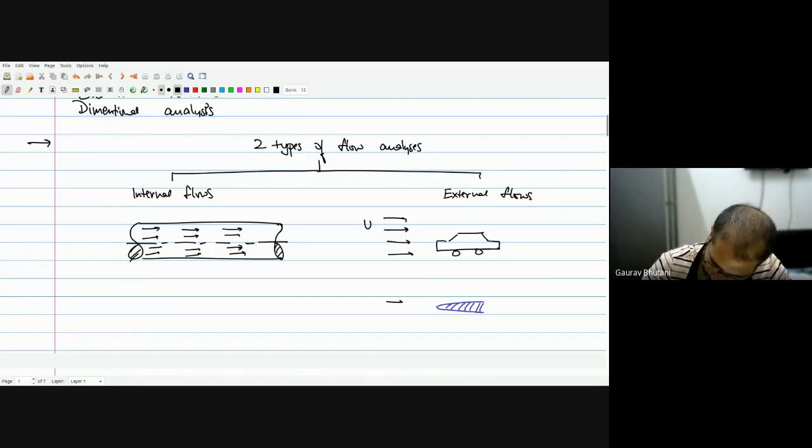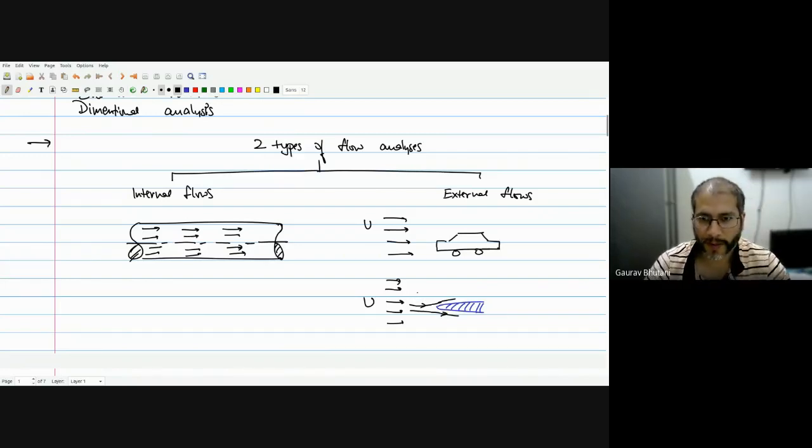When the flow, which was earlier uniform, encounters the solid object, it tends to flow around it. So the streamlines will deviate. Some flow region which is near the surface will get affected because of the solid object, and you will see that the flow streamlines will be different from what they were upstream.